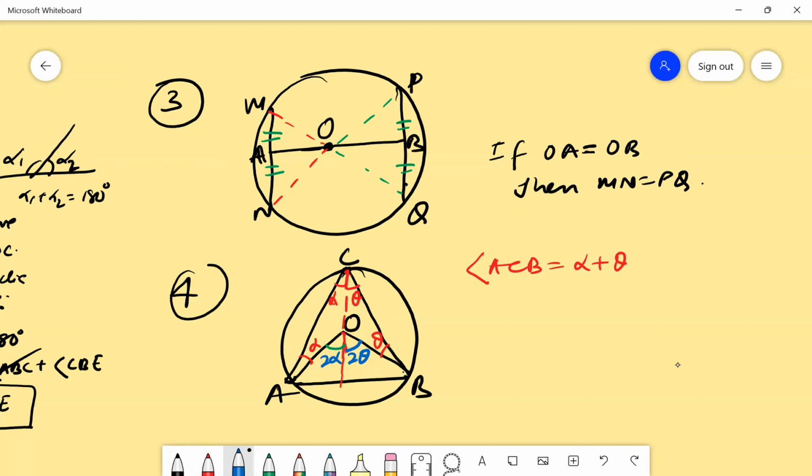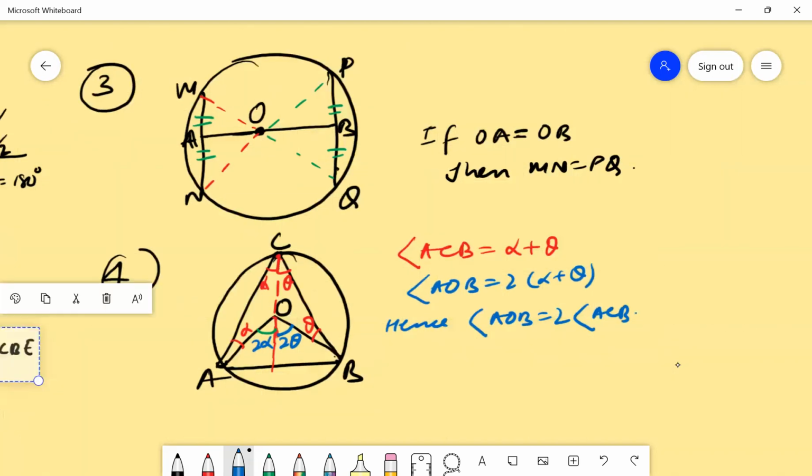For these two angles, this blue angle 2 theta is the exterior angle. So you can easily see this angle AOB is equal to 2 times alpha plus theta. Hence, angle AOB is equal to 2 times angle ACB.